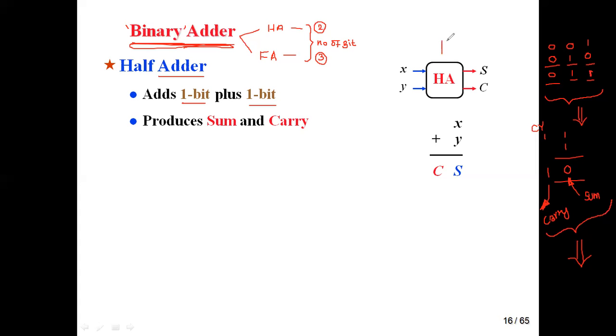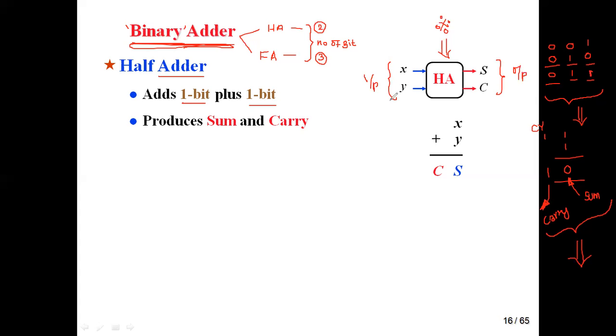Please look into this diagram. Here is the device, a combinational circuit, which we are going to design today. That is a half adder. This is called input, and this is the output. The numbers that are going to be added are given to this combinational circuit as input.